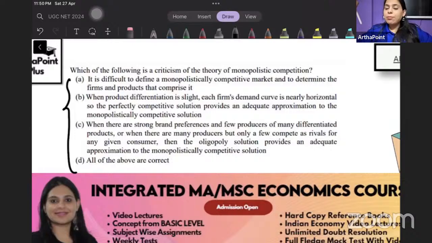हाँ बेटा, बहुत बारी हम बता ही नहीं पाते कि एक मार्केट exactly monopolistically competitive मार्केट है भी या नहीं. Many times we are not able to go ahead and define whether a market is a monopolistically competitive market or not, right?